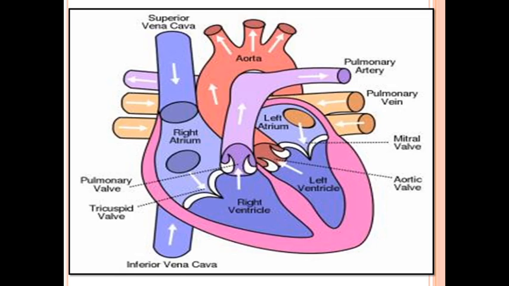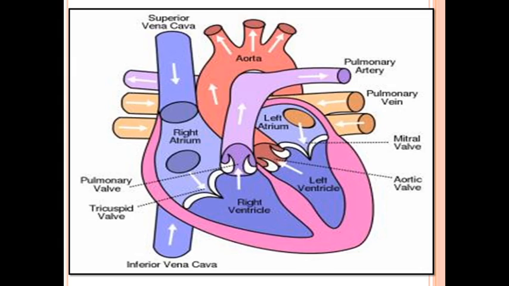Now what is actually happening in circulation? First you have to learn how many chambers are there in the heart. Then you have to write the names, where is the right atrium, the left atrium, the right ventricle, and the left ventricle. Then you have to learn about the pulmonary artery and pulmonary vein, then the inferior vena cava and superior vena cava. That is important, but not for this level.